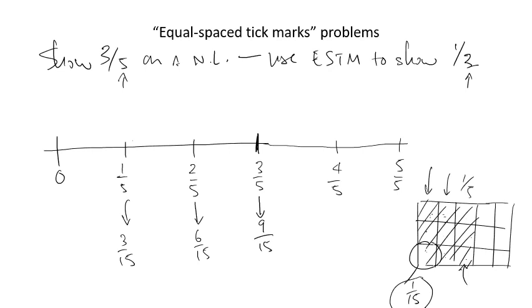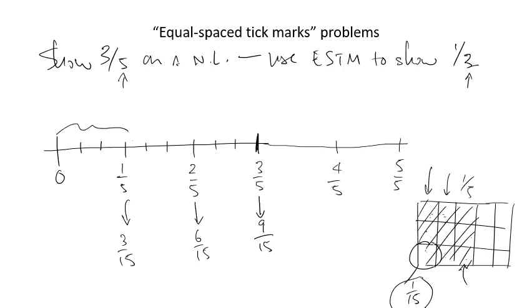So this was 3/15ths. So here's 1/15, 2/15, 3/15, 4, 5, 6, 7, 8, 9. Students hopefully will start to understand, well, when we broke this into thirds here, that's why this got broken into thirds here. It's the same idea, it's the same process.